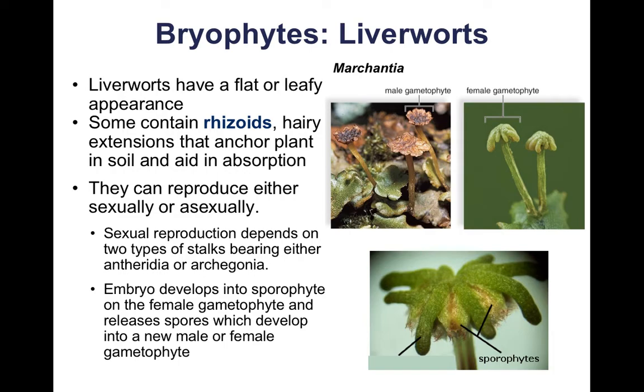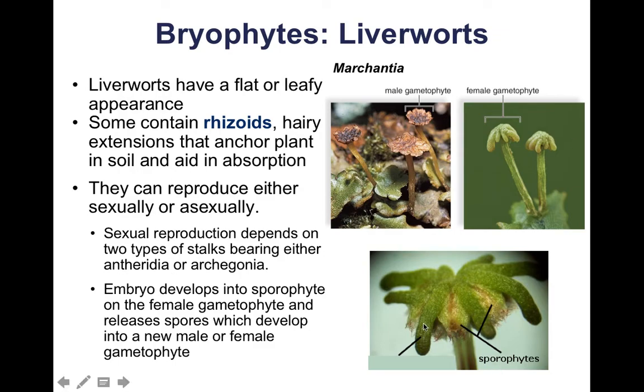These are going to bear the antheridia or the archegonia, and those are the tissues that are actually going to produce the gametes. Once they produce the gametes, so the eggs and the sperm, the embryo will form via fertilization, and it develops right on the gametophyte into the sporophyte.